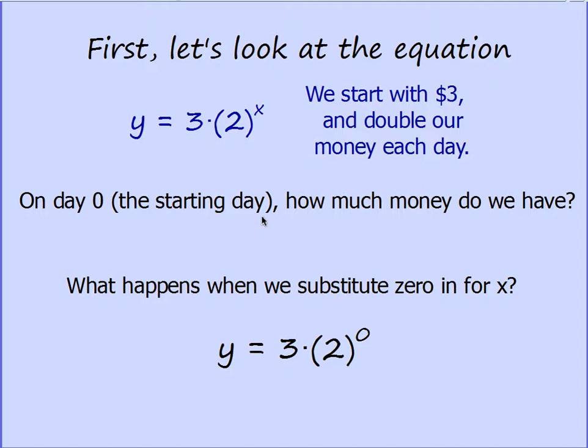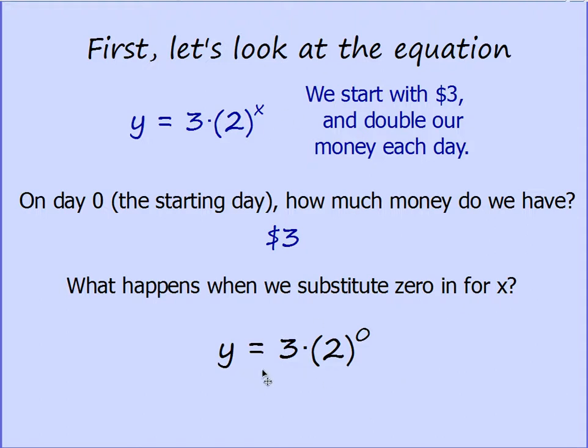So on the starting day, we call that day 0, because really we haven't started doubling our money yet. On day 0, how much money do we have? Well, it tells us right in our situation that we start with $3, so on day 0, we have $3. What happens when you substitute 0 in for x in our equation?